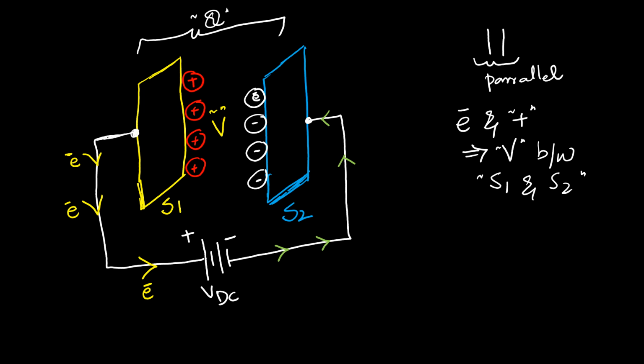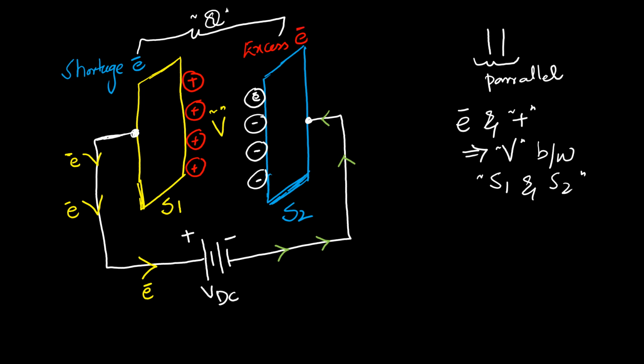Or we can say that since electrons move from the S1 plate toward the positive terminal, the amount of electrons on the S1 plate is reduced. So we can write that there is a shortage of electrons at the S1 plate, whereas on the S2 plate the electrons are stored, so the S2 plate will have an excess of electrons.